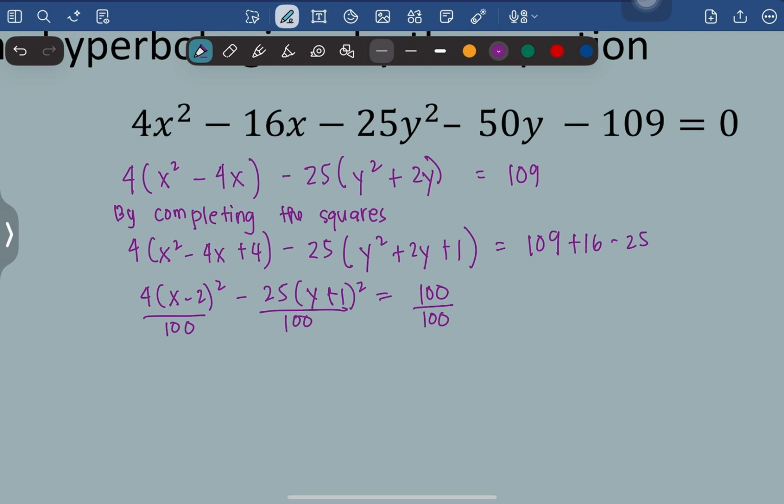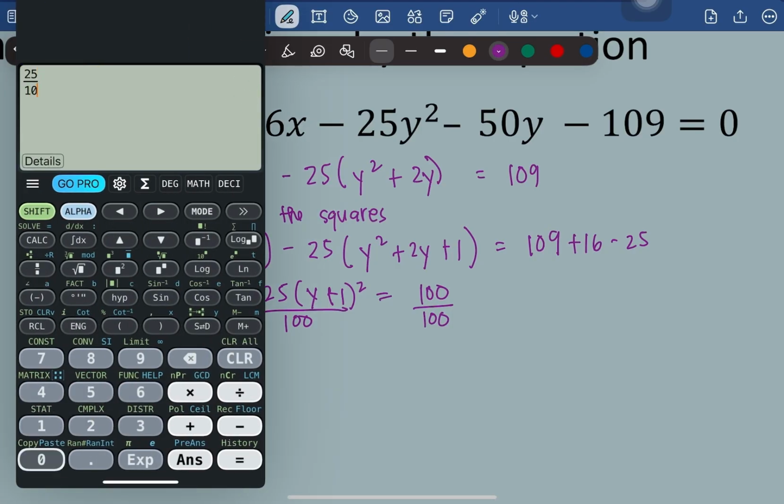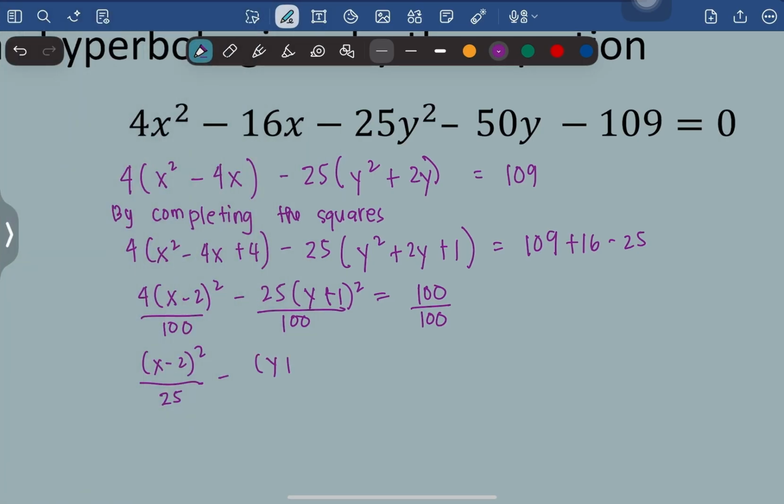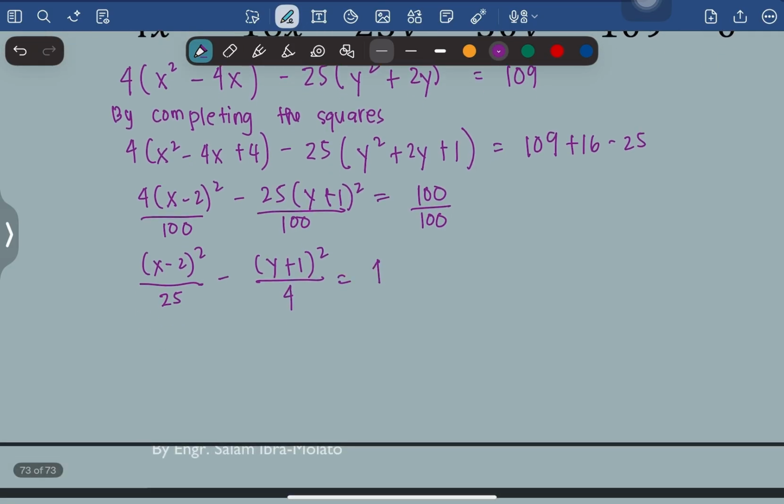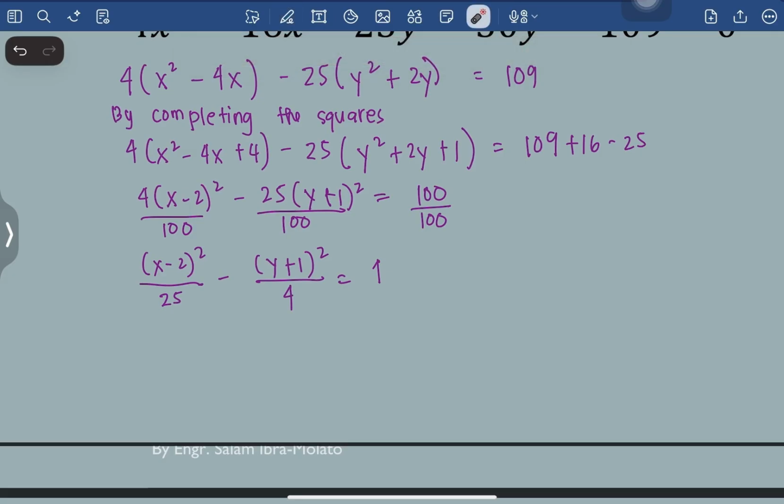So 4 divided by 100 is 1/25, minus 25 divided by 100 is 1/4. So x minus 2 squared over 25 minus y plus 1 squared over 4 equals 1. This time, the positive term is the x squared. So therefore, the hyperbola opens horizontally.